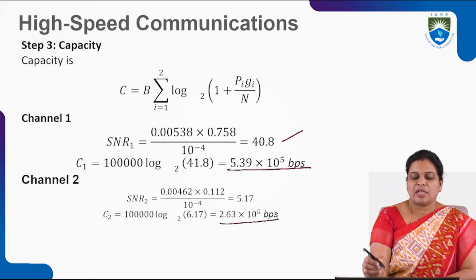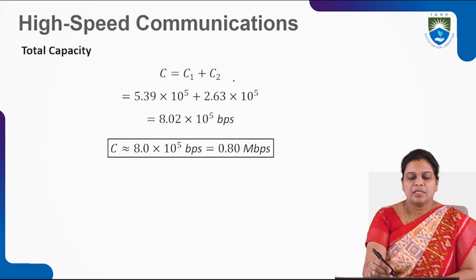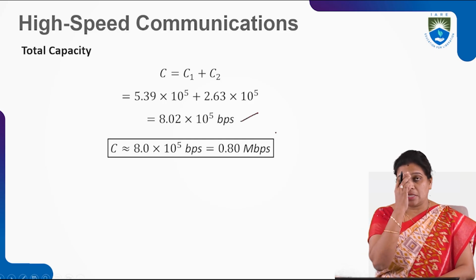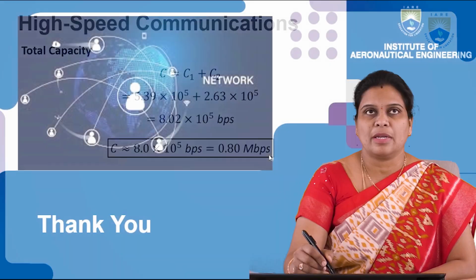Now the SNR 1 and SNR 2 values are this one. Now C equal to C1 plus C2. Already we have the C1 value and the C2 value. Adding these two values, we get 8.02 into 10 power 5 bps, that is bits per second. So the total capacity equal to 0.80 megabits per second.